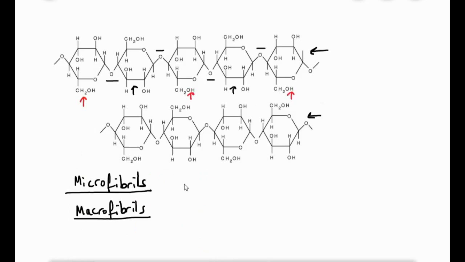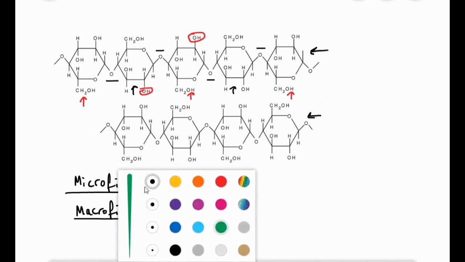So each alternate glucose molecule here in cellulose is inverted. What this means is that the OH group can be found on both faces of one cellulose polymer, not only just on one face. What this does is that this maximizes the hydrogen bonding between cellulose polymers.